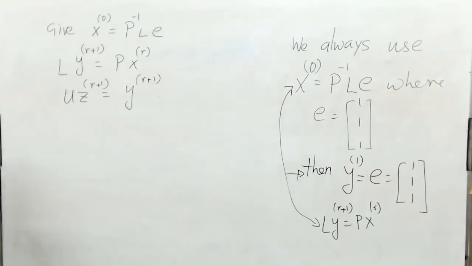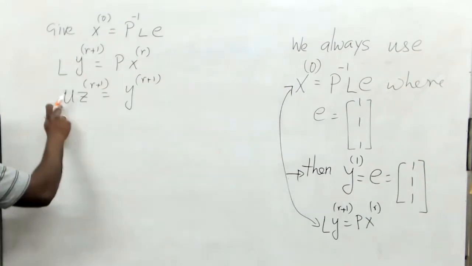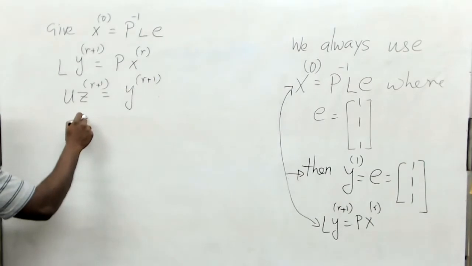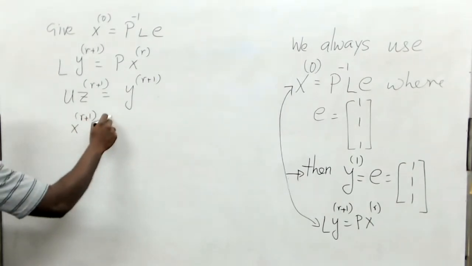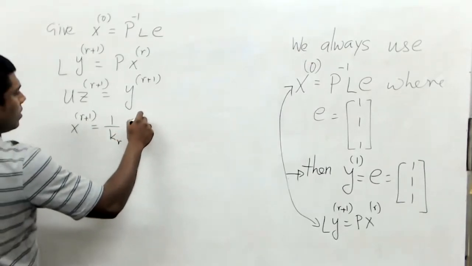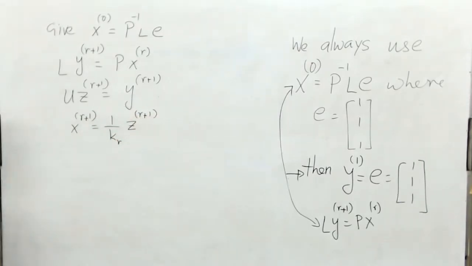So these are the two steps you have to choose. Once you do this, then you do x r plus 1 is equal to 1 upon k r into z r plus 1. So you have to solve 3 equations at each step.